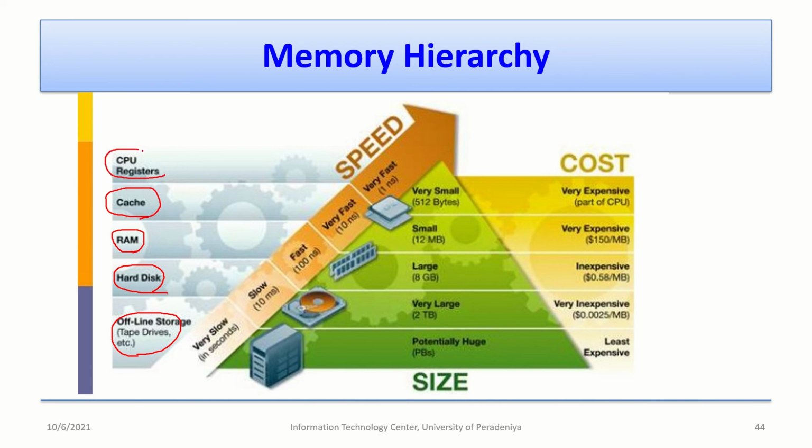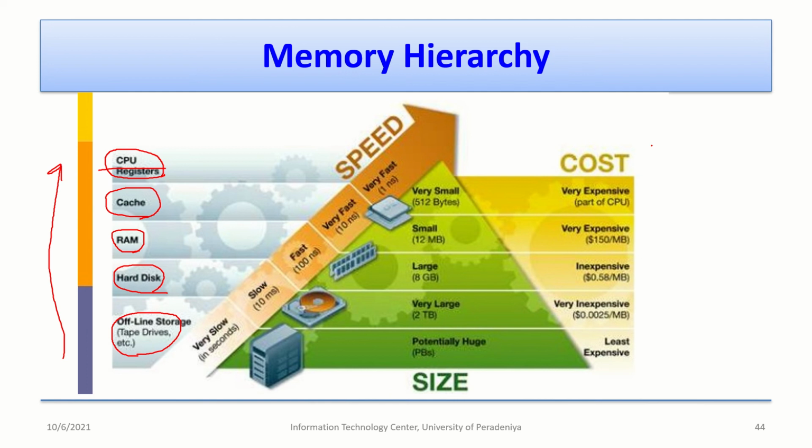And the topmost memory storage is registers. So we call them CPU registers, right? When you go upwards, the speed of the memory storage is higher than the lower one, right? So in this direction, the speed is higher, right?